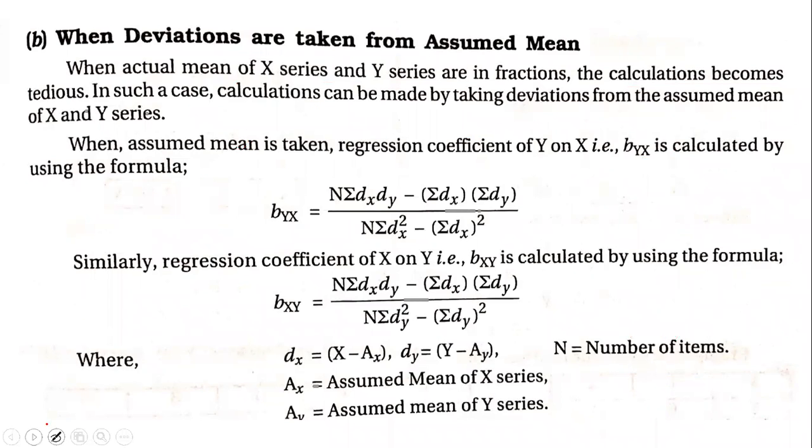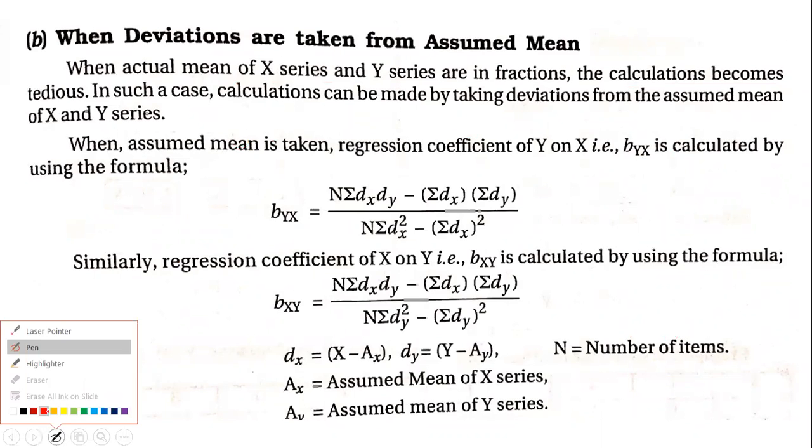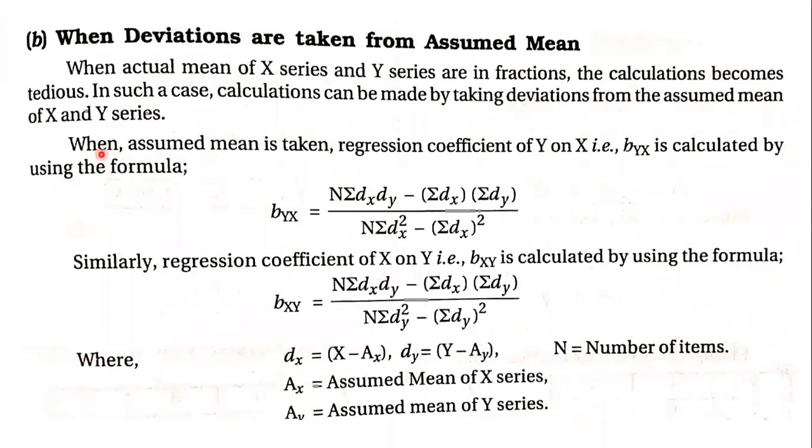Okay, so let us see what is the formula that we have to consider here. When the assumed mean is taken, the regression coefficient of y on x, that is byx, is calculated in this way. So if you remember the correlation formula, this is all similar to the correlation formula. First, y on x. If you see this coefficient, you should be able to realize this is y on x.